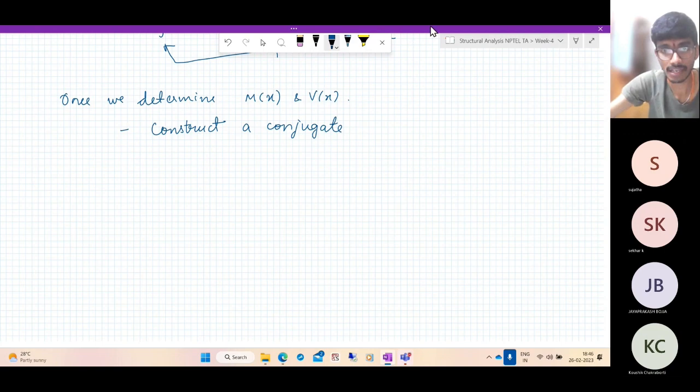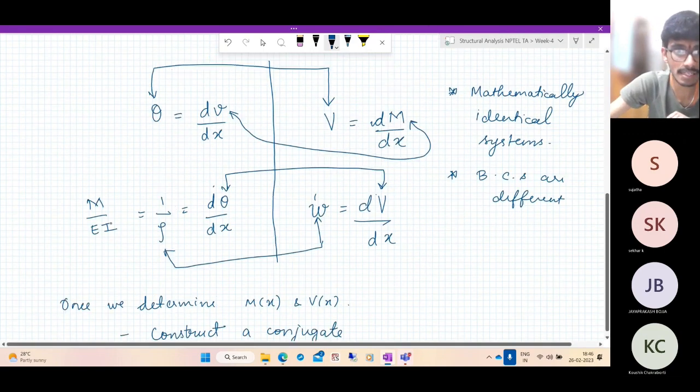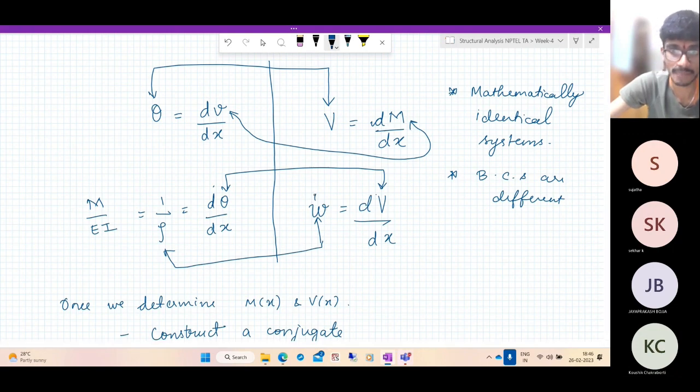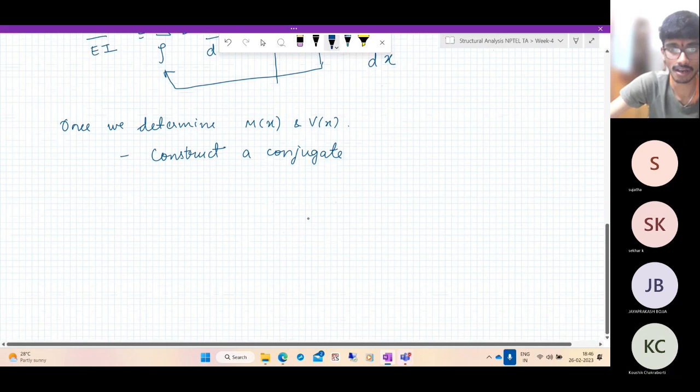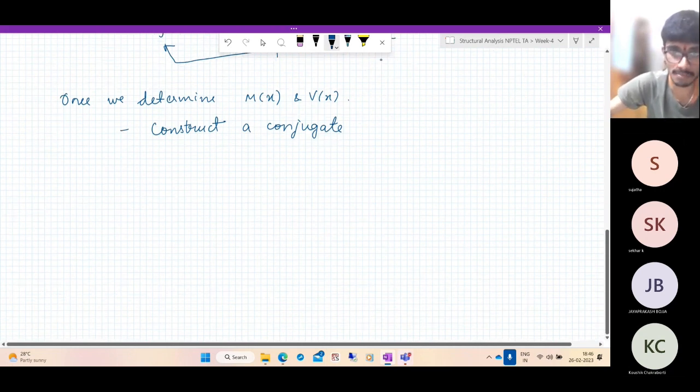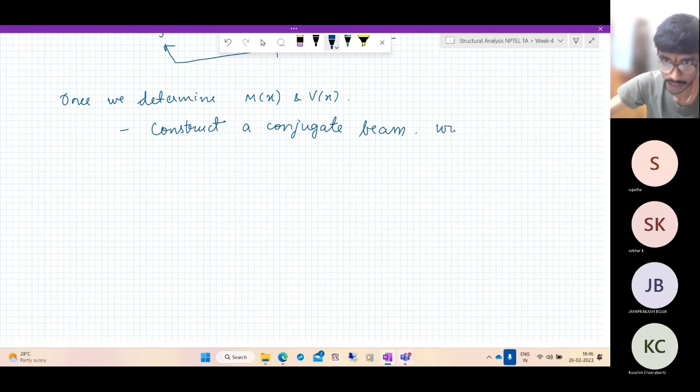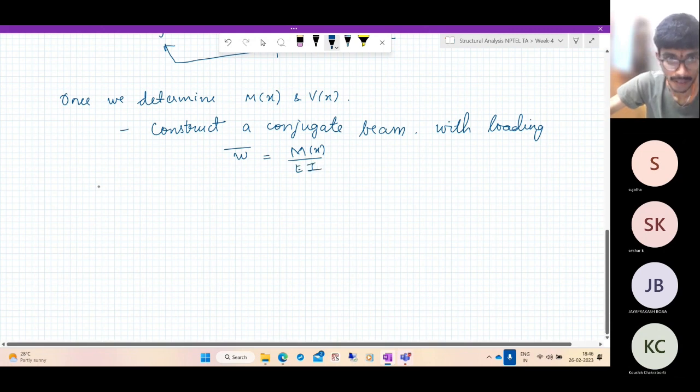Because the way to determine the deflection is exactly the same as the way to determine the moments from a given loading. So the trick is to construct another beam, not the real beam, a conjugate beam with loading, let us call it W bar, equal to M by EI. Then do a static analysis of this conjugate beam.